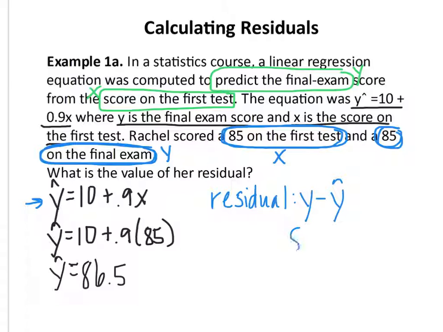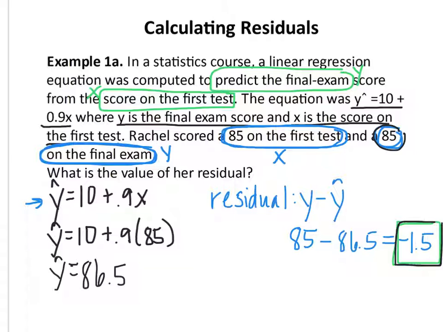She got an 85 on her actual final exam, minus the 86.5 she supposedly should have gotten. That gives me a residual of negative 1.5. So Rachel's residual is negative 1.5, meaning her actual score of 85 is lower than what was predicted. Her residual is negative, meaning her data point is going to be below the least squares regression line.